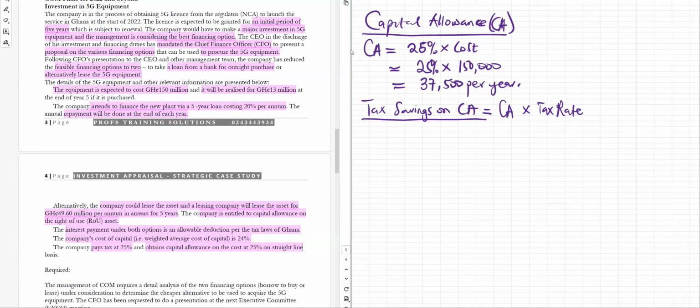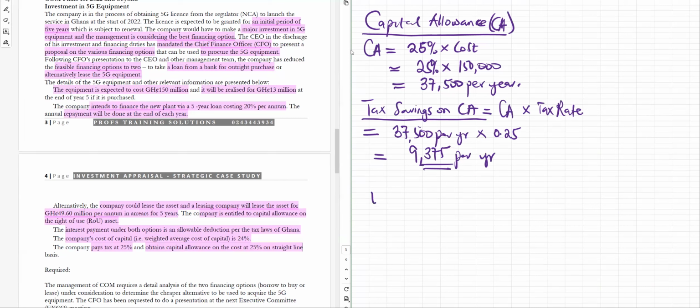So that means a capital allowance of 37,500 per year by our tax rate of 25%. And that gives us the amount of taxes that will be saved each and every year, and that is 9,375 cedis per year.